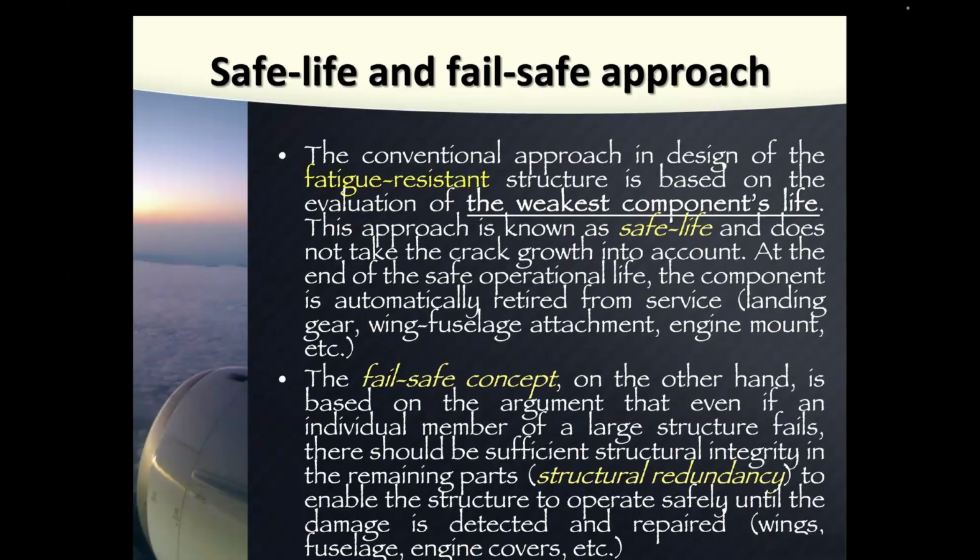This means that we have to predict the time when damage will occur and replace the component or structure before that damage occurs. In the case of aircraft design, landing gear, wing-fuselage attachments, and engine mounts have to be designed so that a crack never appears.